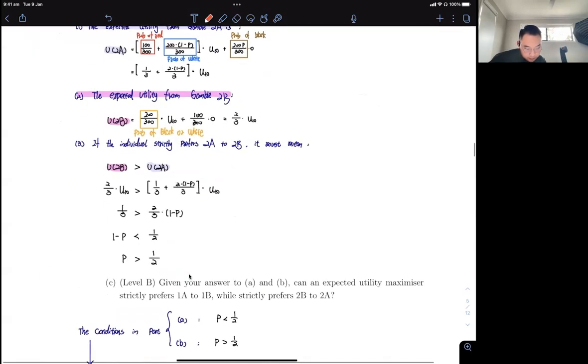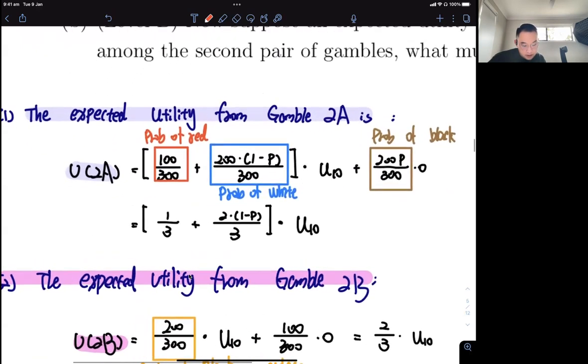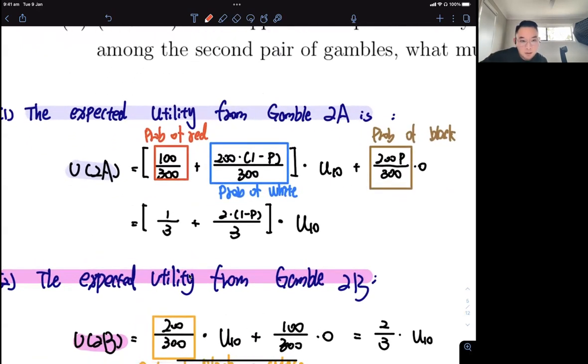So the probability will be the probability of red plus probability of white, times the utility of $10, plus the probability of black. And if you get a black ball, you get nothing, $0. Simplify this equation: this becomes (1 over 3 plus 1 minus P over 3) times U10. That's pretty simple. We got the utility for gamble 2A.